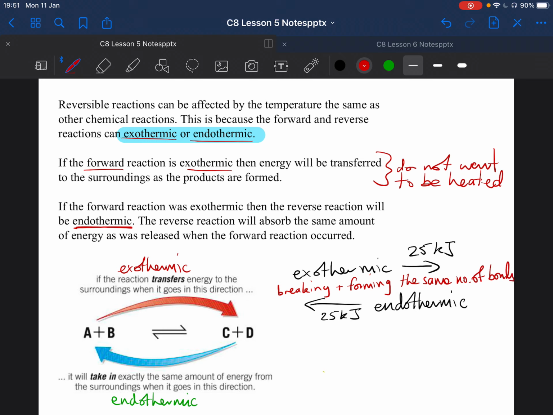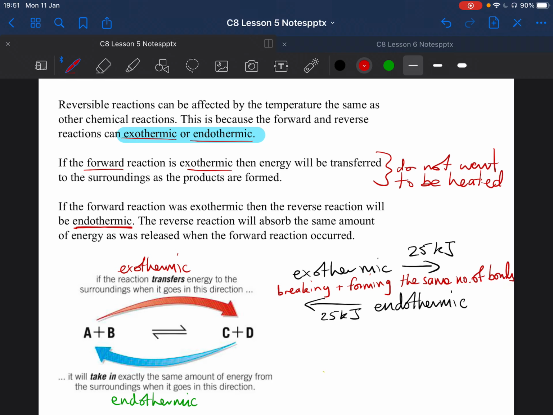So if you remember back to C7, we taught you about bond energy calculations and how every type of bond has a specific energy or enthalpy that allows that bond to either form or to break. The formation and the breaking of that bond requires the same amount of energy. It either releases or takes it in.